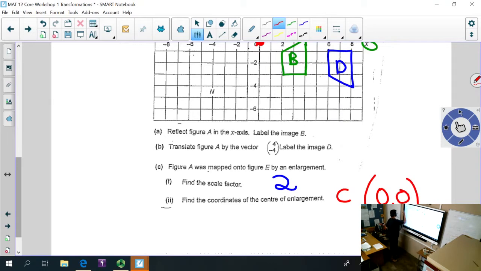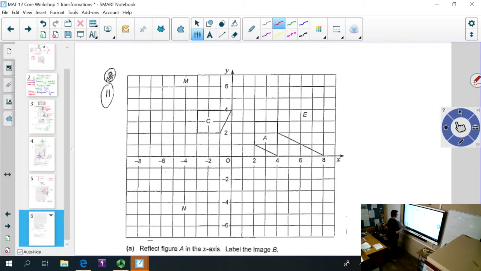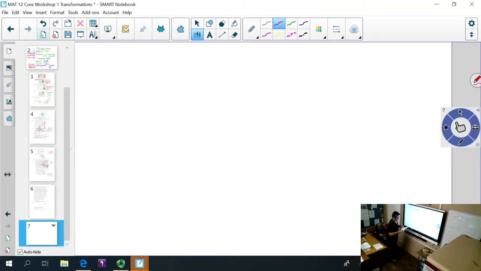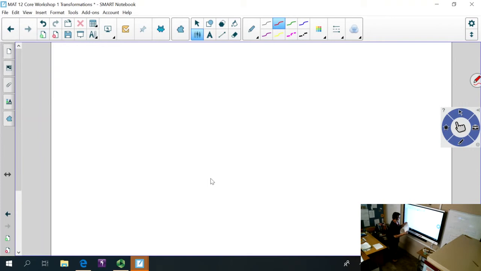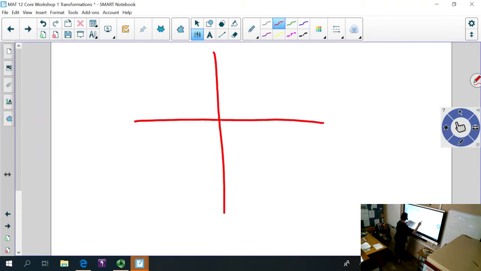Right, the next one. Let's look then at that last one. Now, here we have it on the grid, and you have shape A here.